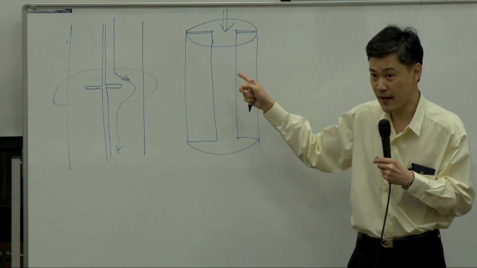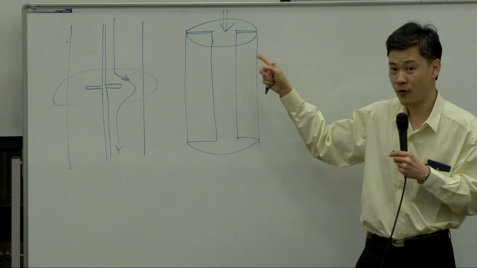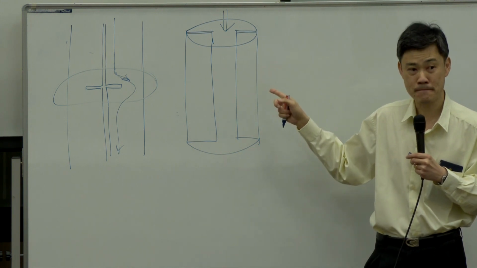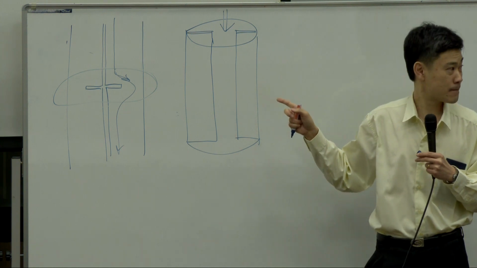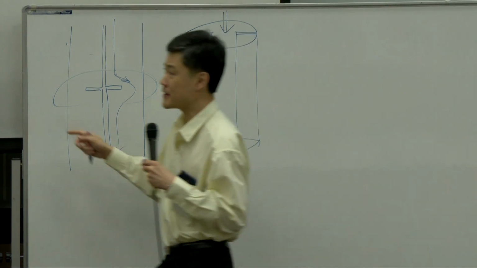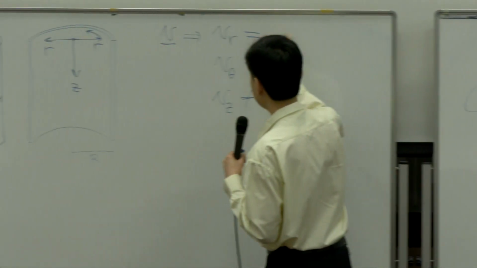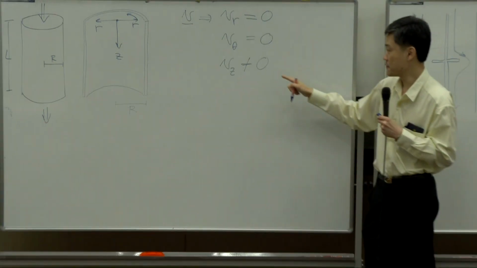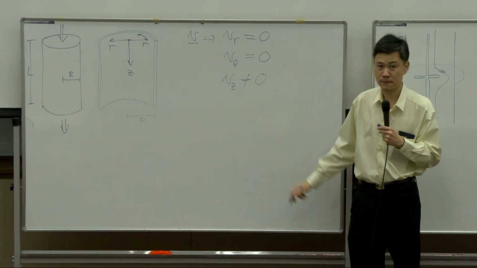There is no v theta. Only vz. Can you see that? Okay? So in this case, VR is 0, v theta is 0, vz is not 0.